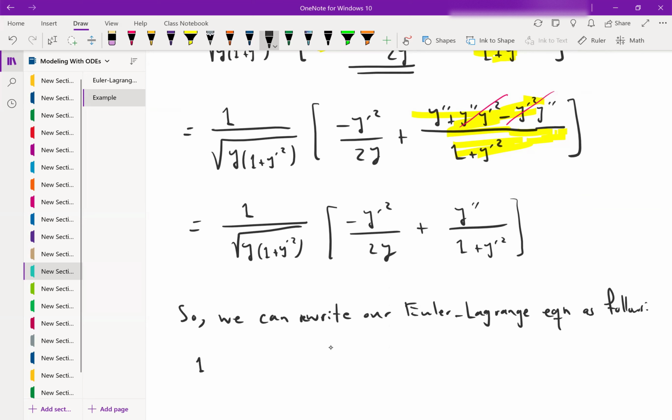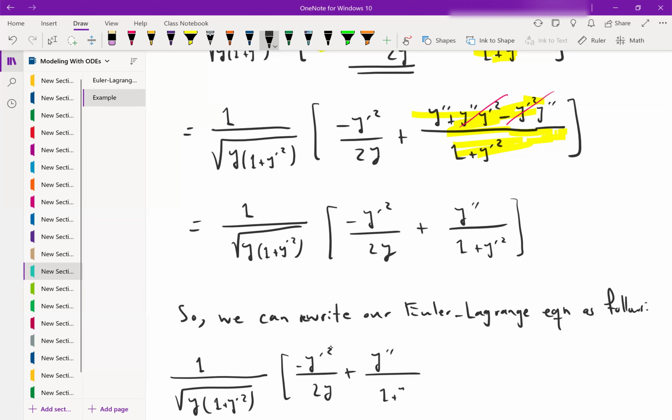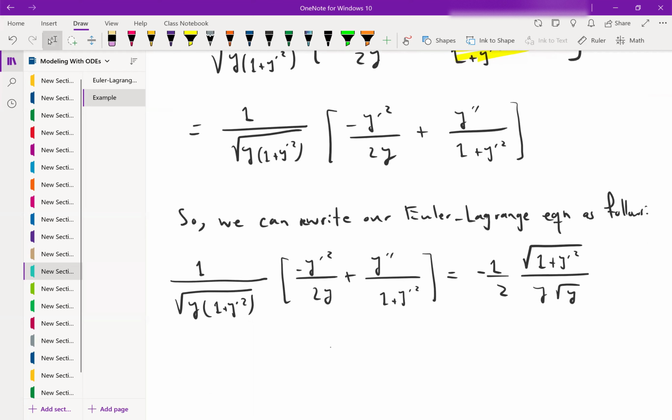On the left-hand side, I have 1 over a square root of y times 1 plus y prime squared times negative y prime squared over 2y plus y double prime over 1 plus y prime squared. What do we have on the right-hand side? On the right-hand side, we previously discovered on the right-hand side of our Euler-Lagrange equation, we had negative 1/2 times the square root of 1 plus y prime squared divided by y times the square root of y. So how can I simplify this?